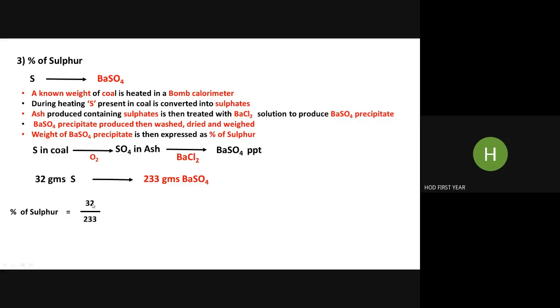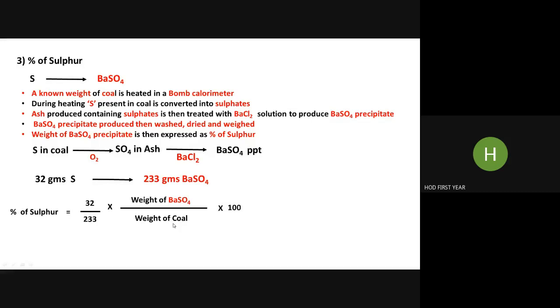The sulfur upon BaSO4: atomic weight of sulfur, molecular weight of BaSO4, into the actual weight of BaSO4 produced during the experiment. The BaSO4 precipitate weight that you get should be over the original weight of coal which was burnt in the bomb calorimeter, into 100.